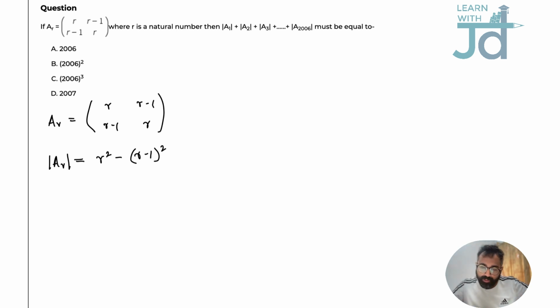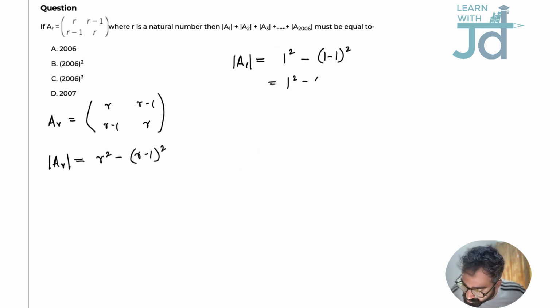Okay. So determinant of A1, I can write it as 1. I'll write it here so that it is easy to show you. Determinant of A1 is 1 square minus 1 minus 1 whole square, which is basically 1 square minus 0 square. So basically whatever number is here, its square comes here, and whatever number is here, one less than it, its square comes here.